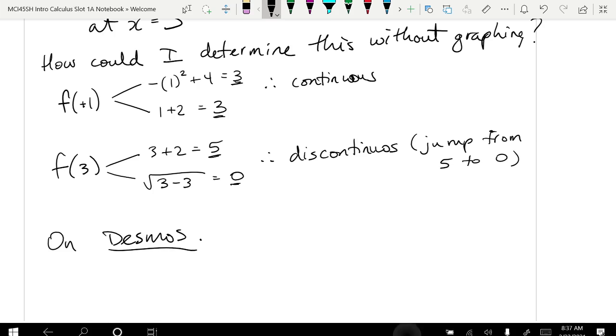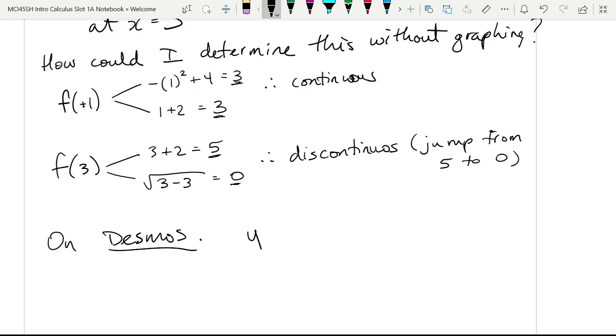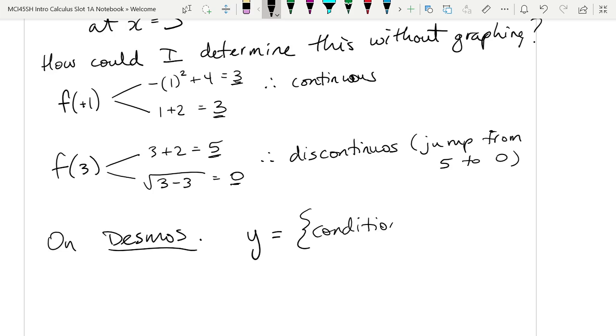On Desmos, what do you have to do? You have to type it in as y equals, and then you have to use these curly brackets, condition, then you use a colon, then the value, then comma, condition, colon, value, comma, and then you could just say etc. So that's the way you have to type it in.